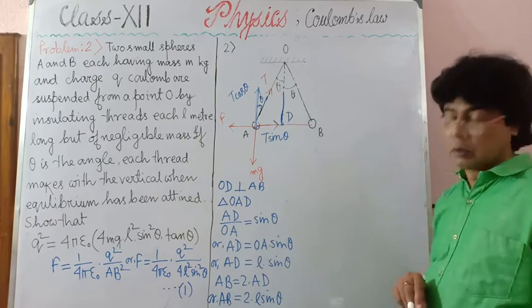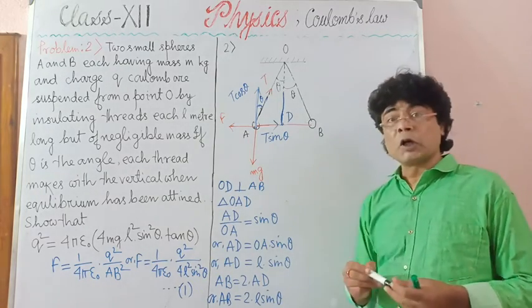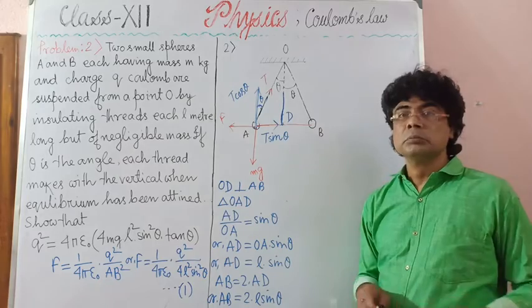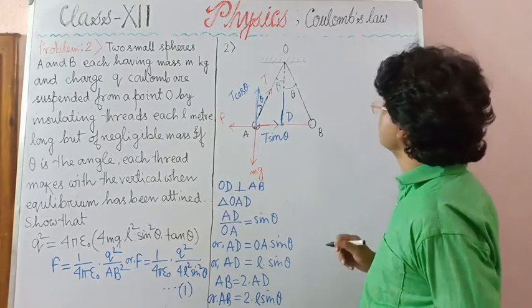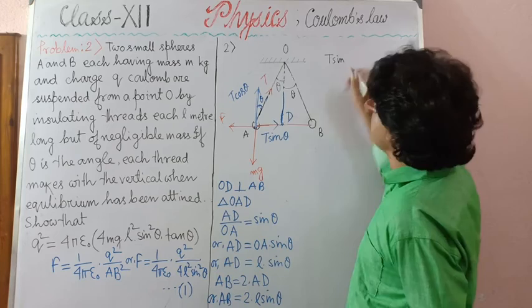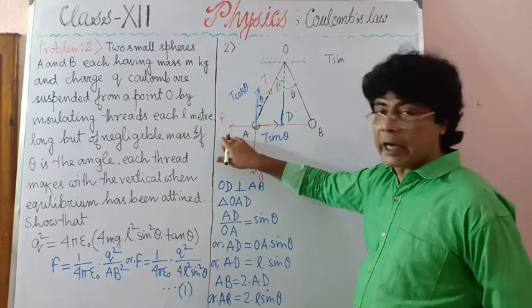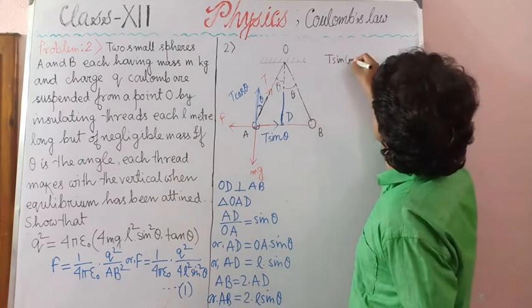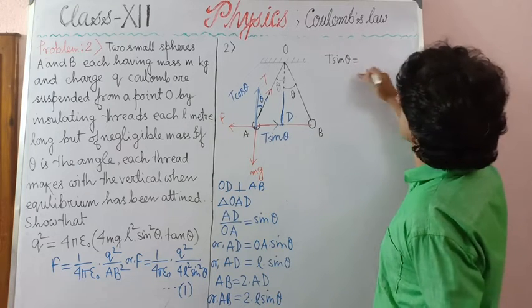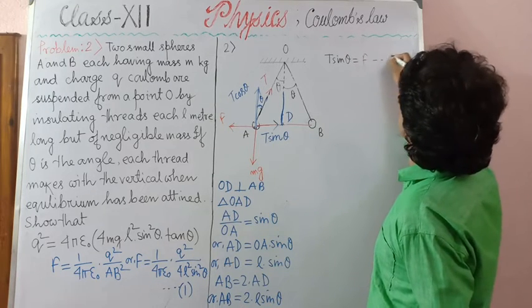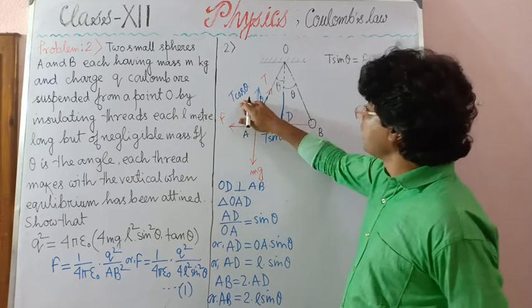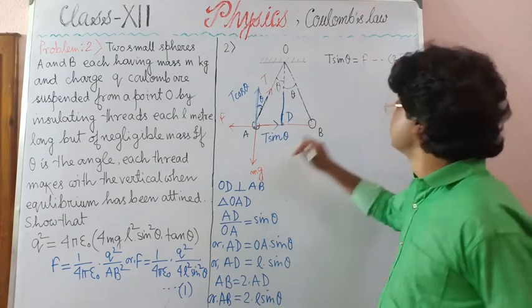Now for the condition of equilibrium, we can write T sin theta equals F, and T cos theta equals mg.